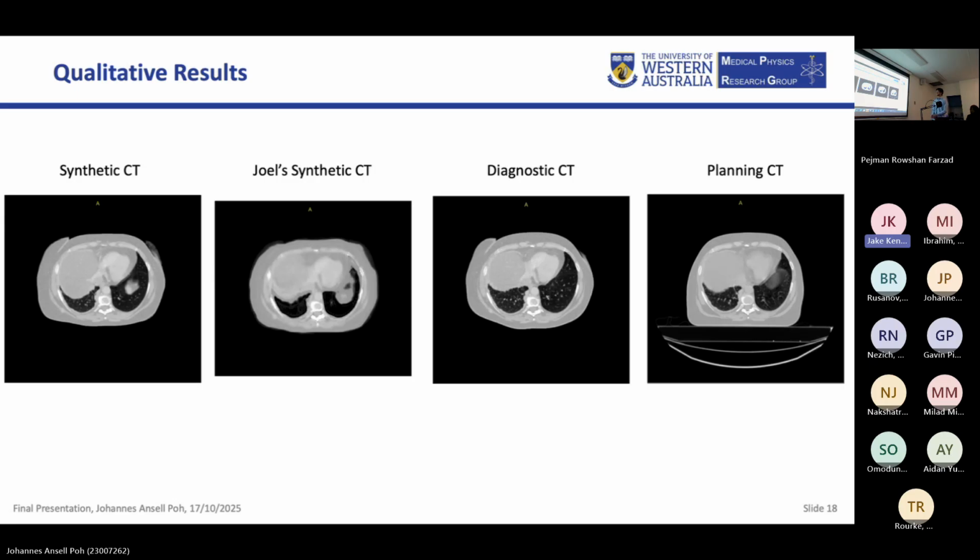As you can see, it manages to make the posterior anatomy more flat than the diagnostic CT, and it also looks better than Joe's synthetic CT because, by using deformation fields, I'm able to maintain the resolution of the original diagnostic CT images, whereas in Joe's project, he generated the CT images directly, which makes it more blurry and has some artifacts.